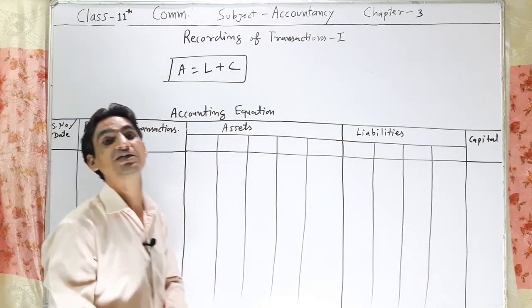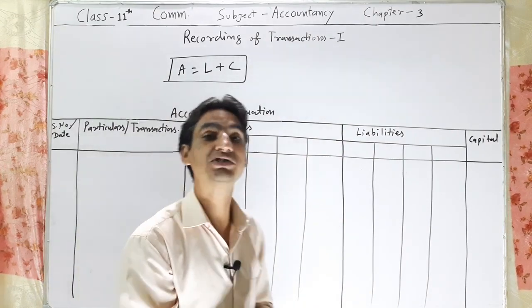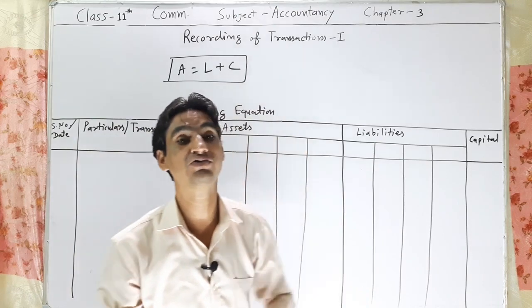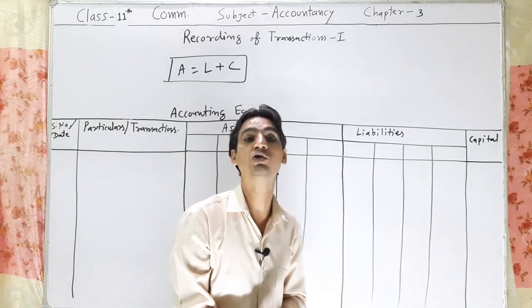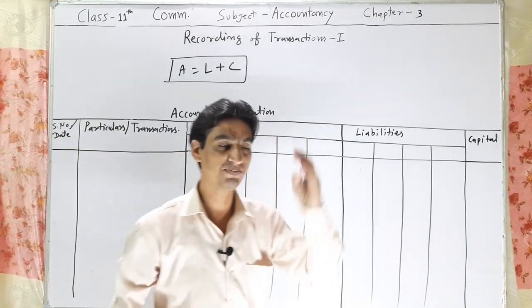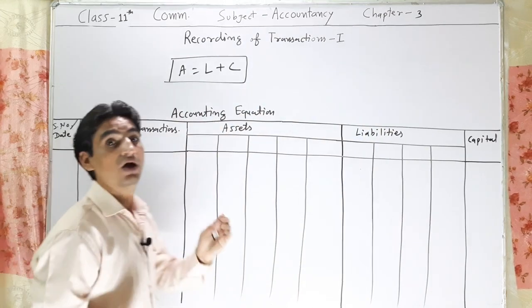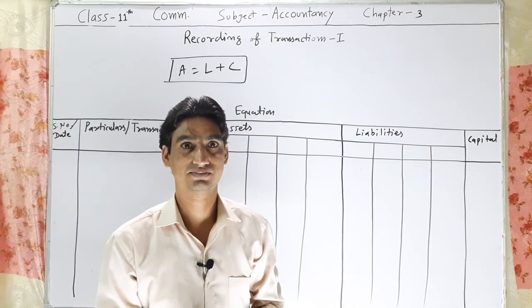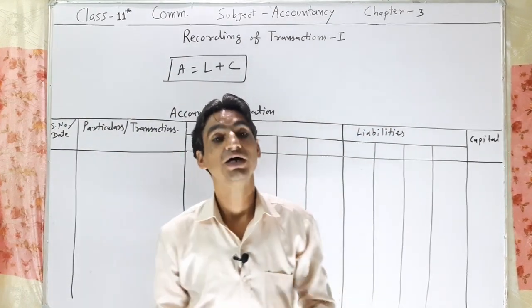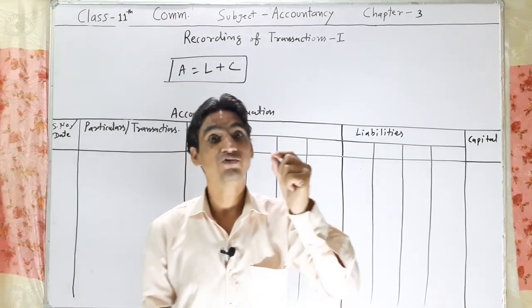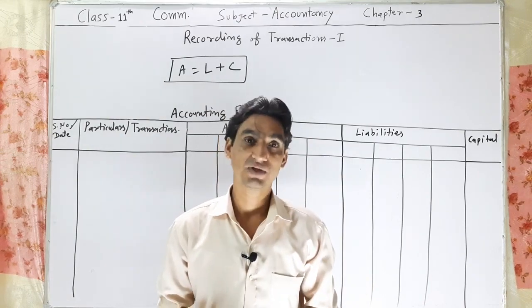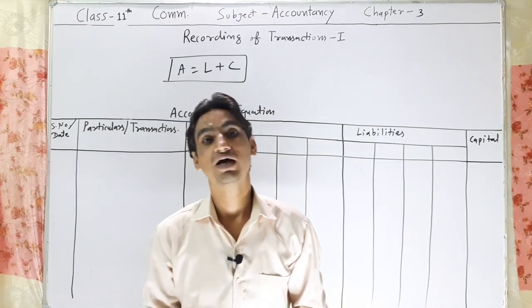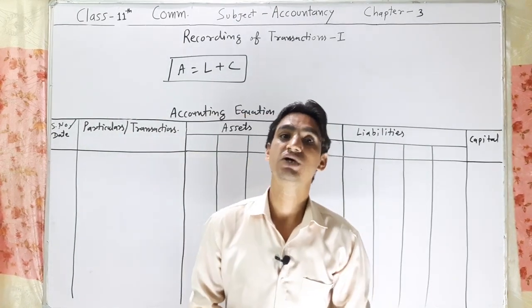With a practical example, we will see how to record a business transaction in the accounting equation and how to find the value of assets, liabilities and capital. Mr. John started business with cash rupees 5 lakh, machinery rupees 1 lakh and stock rupees 1 lakh.